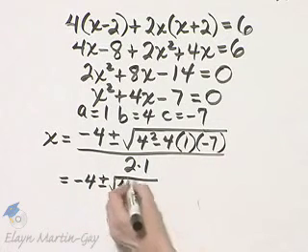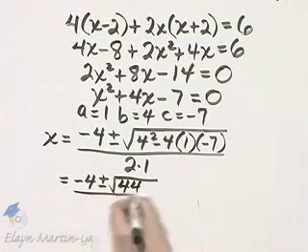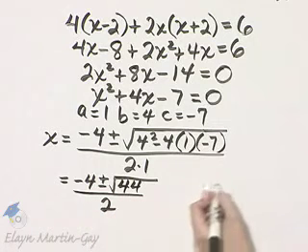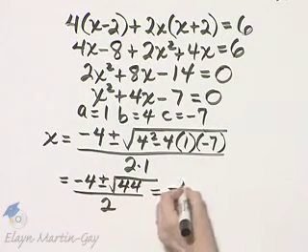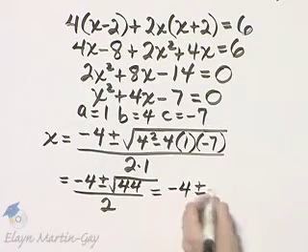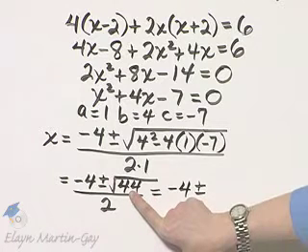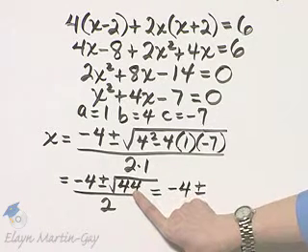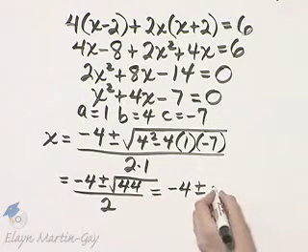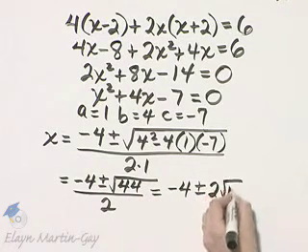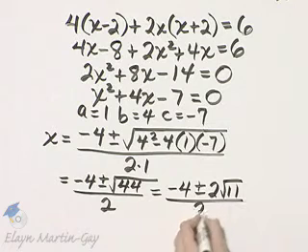So the square root of 44 all over 2 times 1 or 2. Now there are my solutions, but we need to go ahead and simplify. That's negative 4 plus or minus, 44 is 4 times 11, and the 4 will come out of the radical as a 2, and then the square root of 11 all over 2.